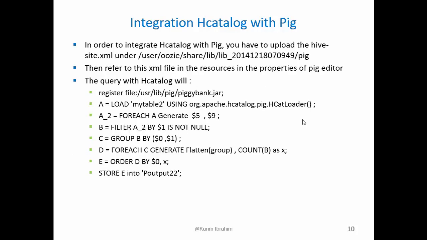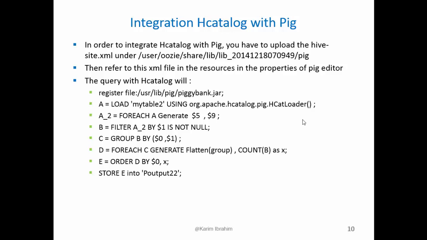The second part is to integrate HCatalog with Pig. That was kind of tricky because you can't just run the HCatLoader in Pig. You need to point the resources in Pig to the XML file, which is hive-site.xml, after you upload it in a shared library folder.